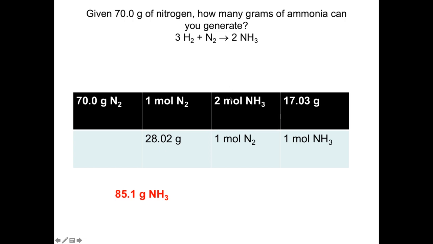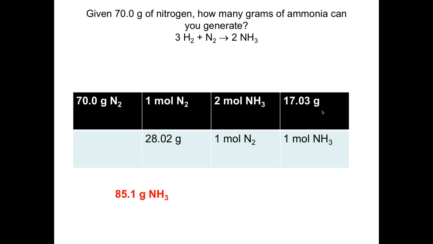Again, all that you're doing is taking the coefficients from the balanced equation and setting them into the chart. Then we need grams of ammonia, and so it will always be 1 mole, molar mass. So it'll be 1 mole of NH3. We already talked about how the molar mass of NH3 is 17.03.